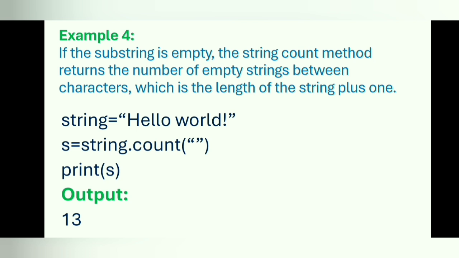Then the print statement prints the number of times the empty substring appears in the string. The output of this example is 13 because if the substring is empty, the string count method returns the number of empty strings between characters, which is the length of the string plus 1.